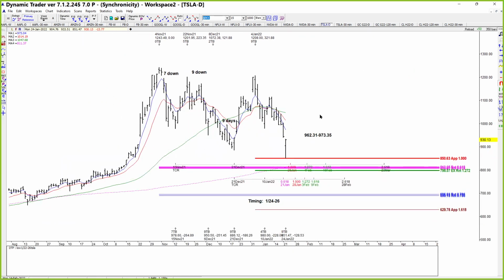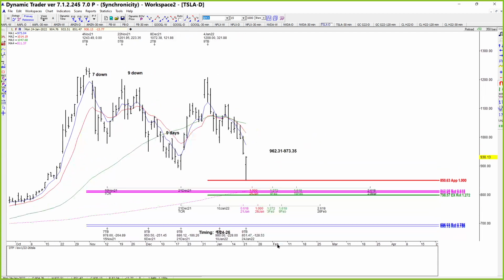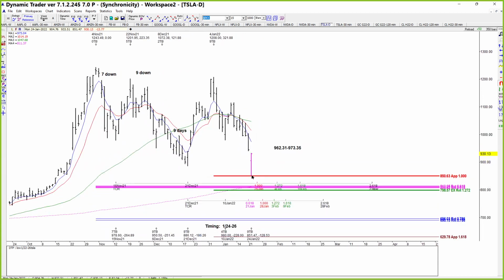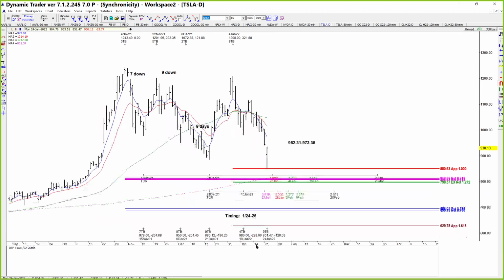Okay, so as far as Tesla is concerned, I told you that we had support at that 850.63 area. Now this was not a perfect hit, but I just look at it visually. Is it close enough to consider a trade against? Absolutely. The actual low was made at 851.47. Okay, so I believe the symmetry just comes from this prior high to low swing projected from here.